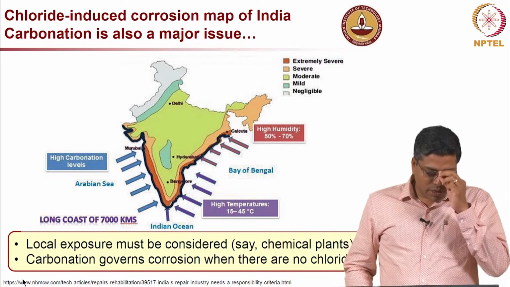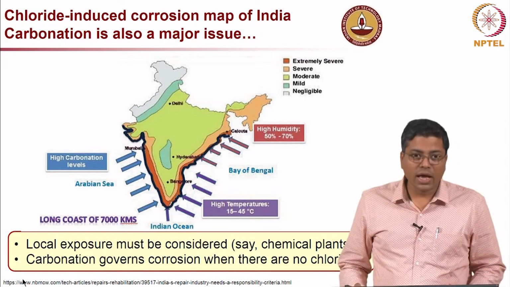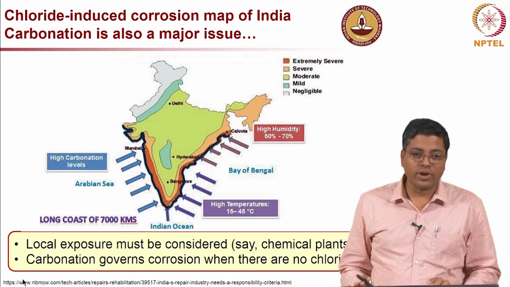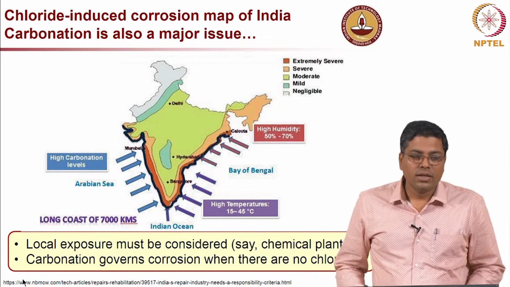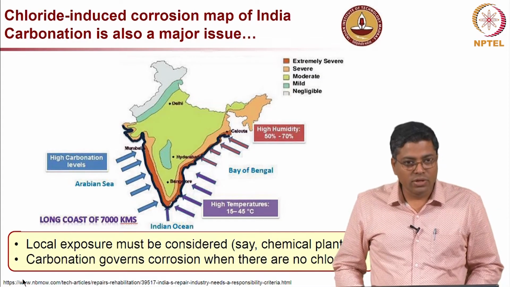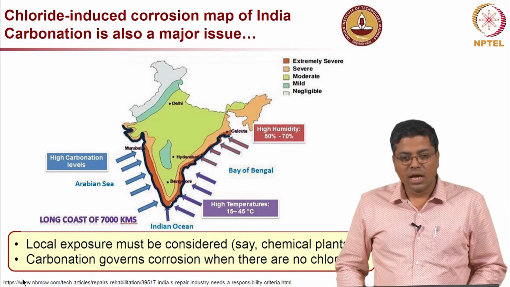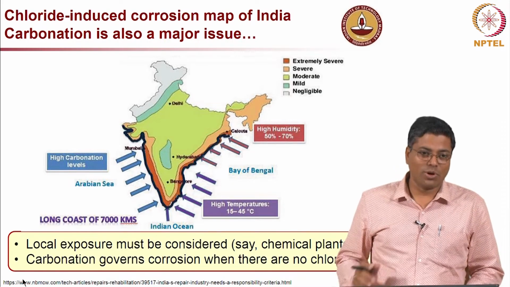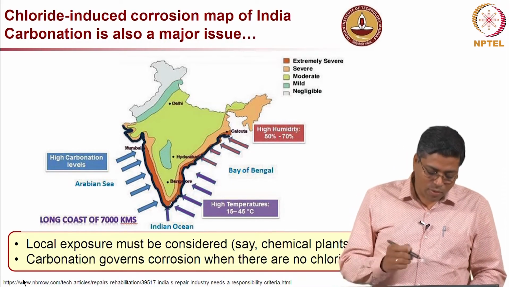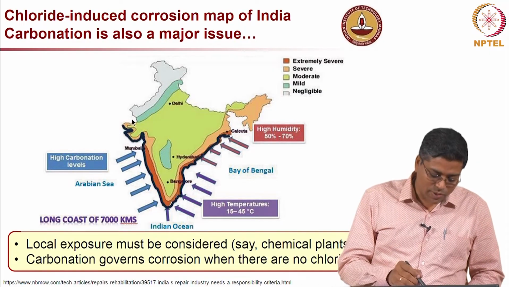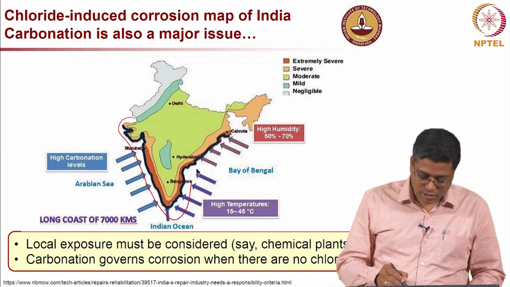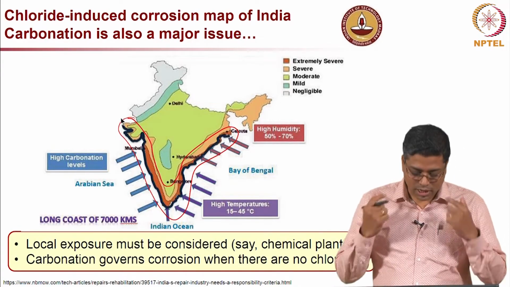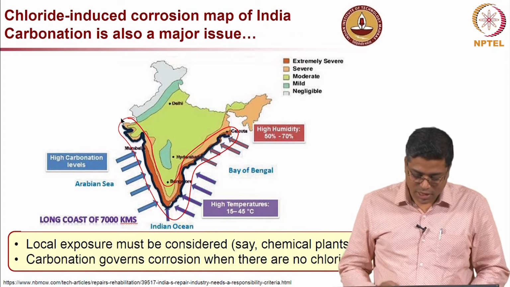Now, when we look at India as such, we have several geographically different regions, and the climatic conditions are different for different regions. Usually when we think about corrosion, we think about chloride induced corrosion. Probably one reason we think like that is because we have a long coastline. You can see here this long coastline, and this region looks like a necklace, like I showed in the previous slide.